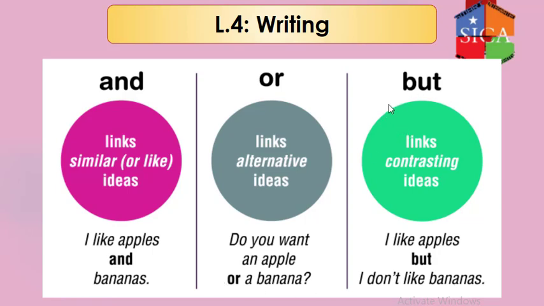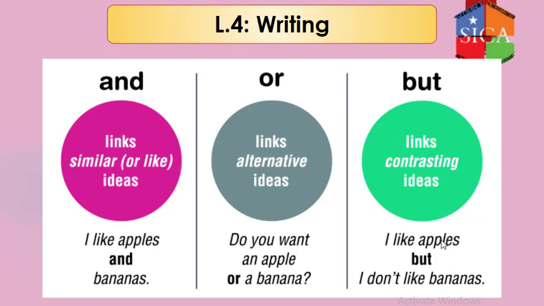But we use but to link between contrasting ideas or different ideas together. I like apples, but I don't like bananas. Here, these are contrasting ideas or contrasting sentences. Here, in the first sentence, I like something, and in the second, I don't like another thing.